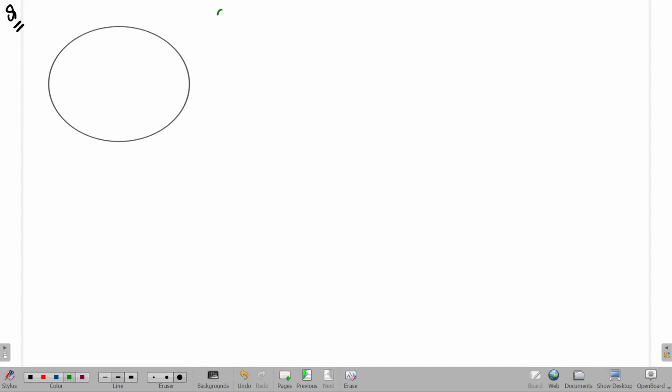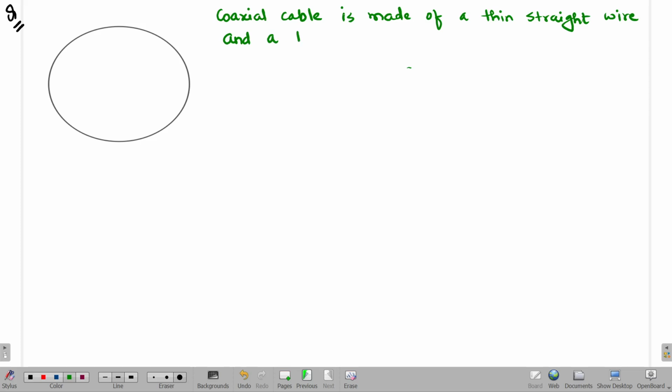A coaxial cable is made up of a thin straight wire and a thin hollow cylinder.